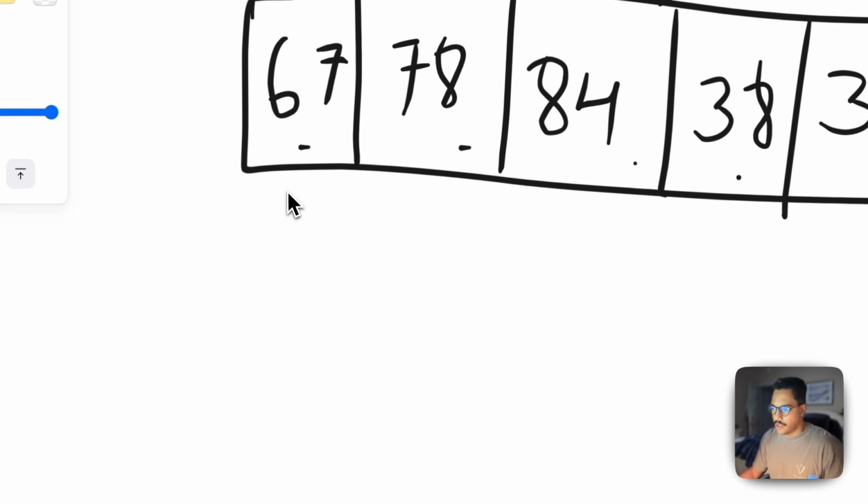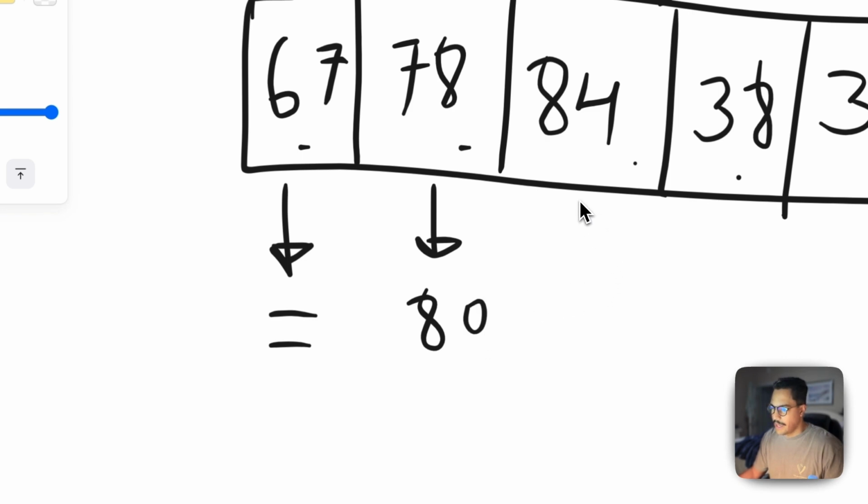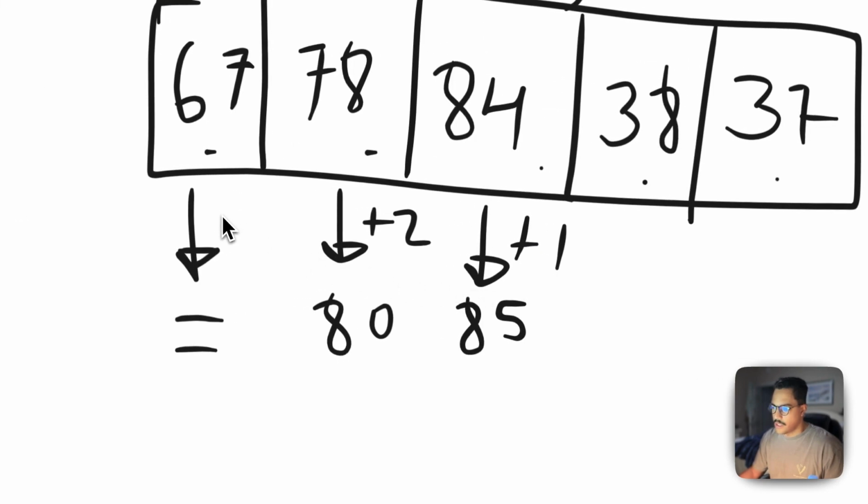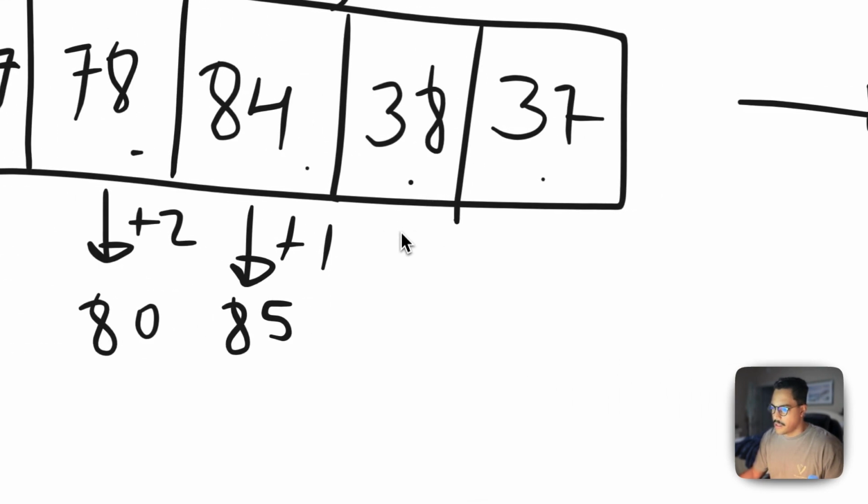So 67 would just stay the same. 78 will round up to 80. 84 will round up to 85. Here we added 2, here we added 1, here we didn't add anything. 38 we add 2, and it equals 40.